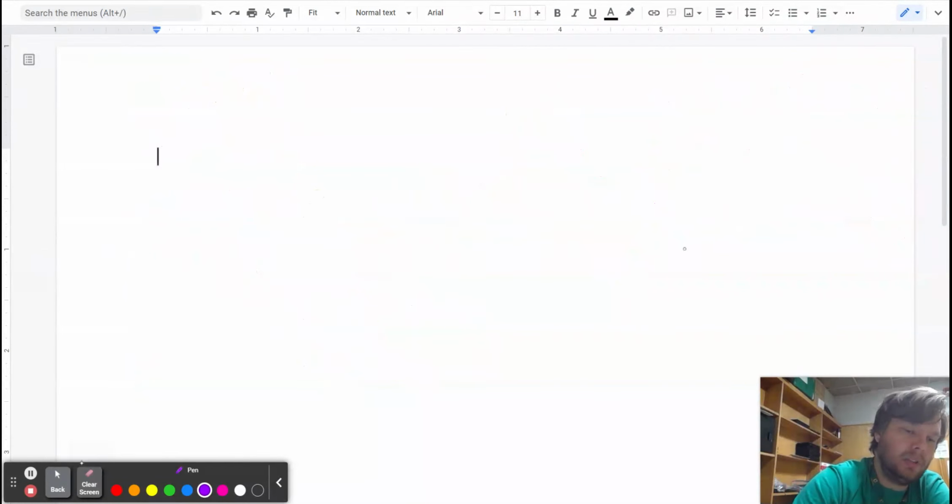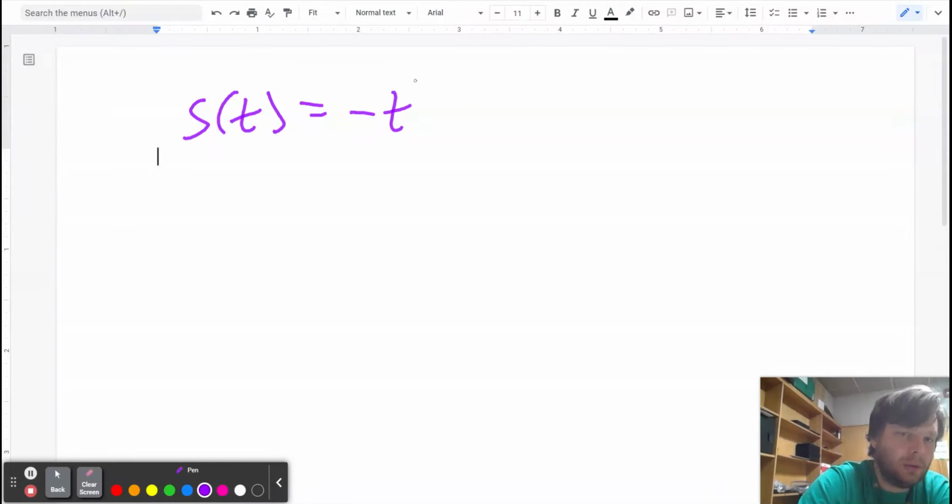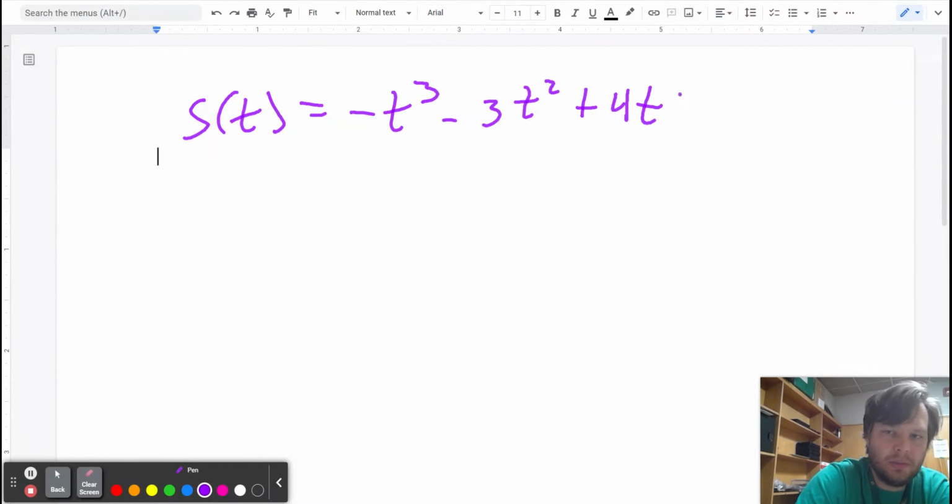Okay. I want to do one other one where they just give you an equation and ask you to figure out things about the velocity and the acceleration. So here we just have s of t equals negative t cubed minus 3t squared plus 4t plus 3.